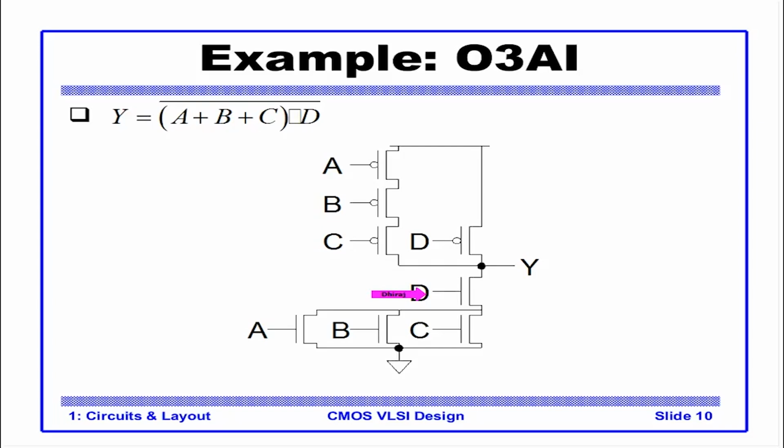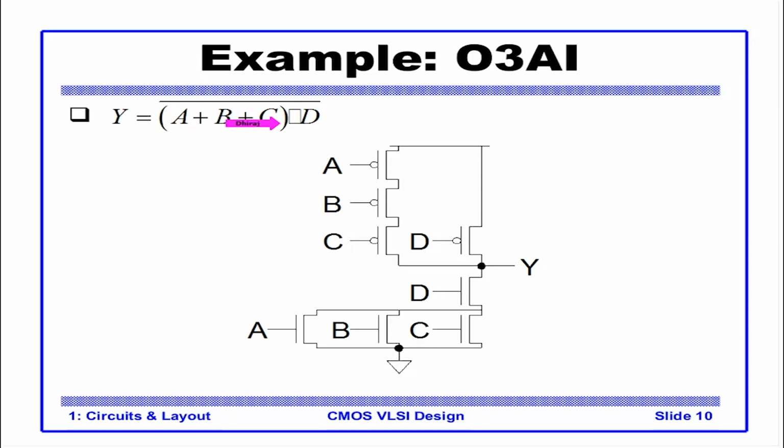This is connected to Y, and when any of A, B, C is 1, Y would be connected to 0, which is satisfied by this equation. D being 1 and any of A, B, or C being 1, Y would be the complement of 1, which is 0.